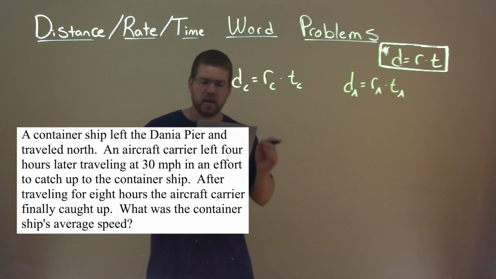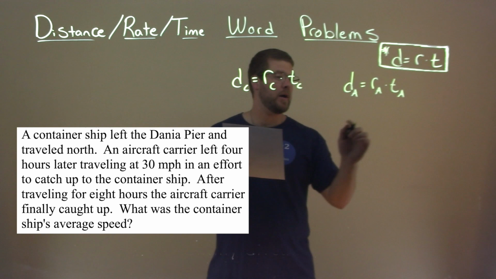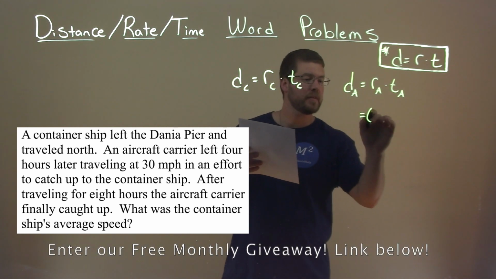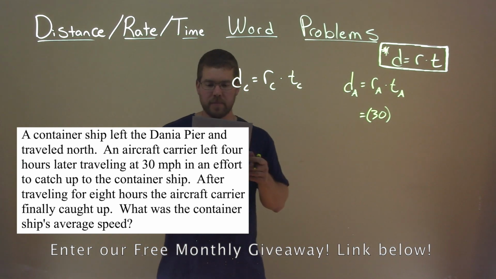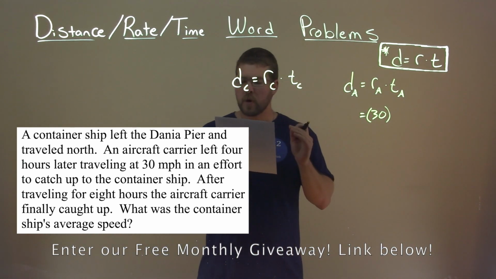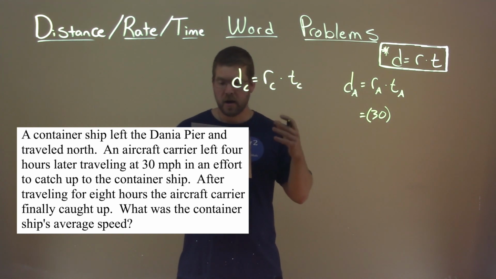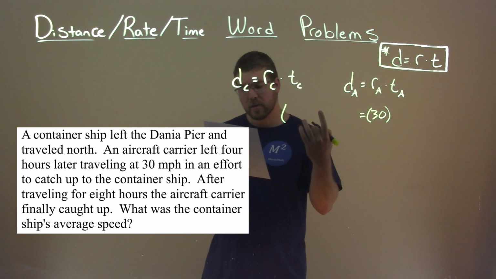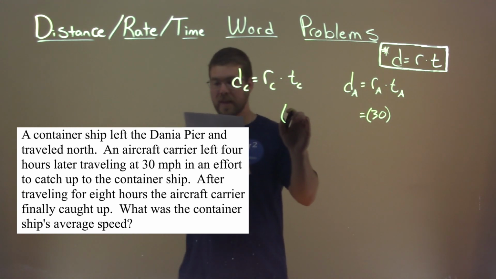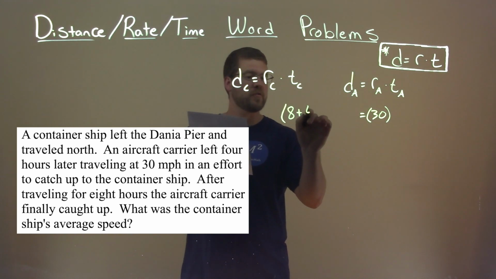They said the aircraft carrier left 4 hours later, traveling 30 miles per hour. So its rate is 30 miles per hour. Now, it left 4 hours later, and after traveling 8 hours, it caught up to the container ship. So the total time the container ship was out there is the 8 hours from the aircraft carrier plus the original 4 hours.